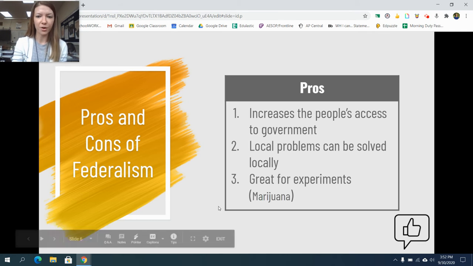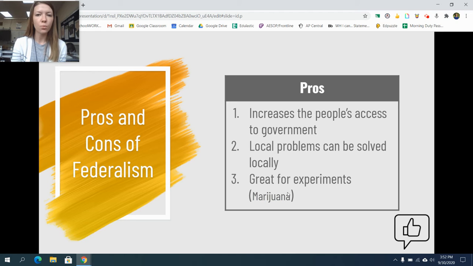And you guys are probably wondering why this is on here. Federalism is actually really great for experiments, and one of the ones that we have going on right now is legalizing marijuana. Obviously, marijuana is an illegal substance according to federal law. However, what the federal government is allowing states to do is make regulations on recreational and medicinal use.